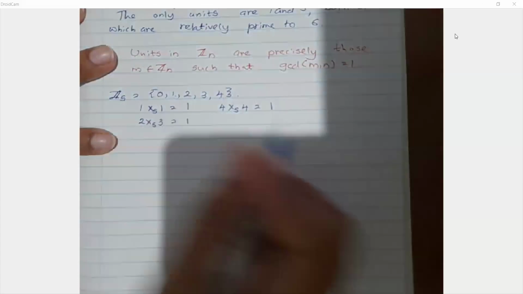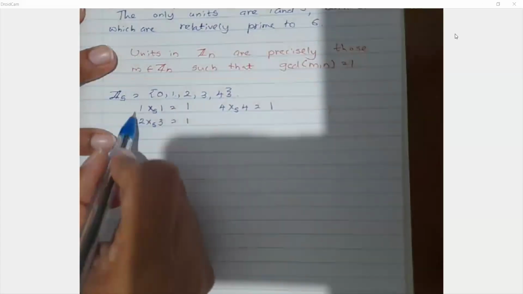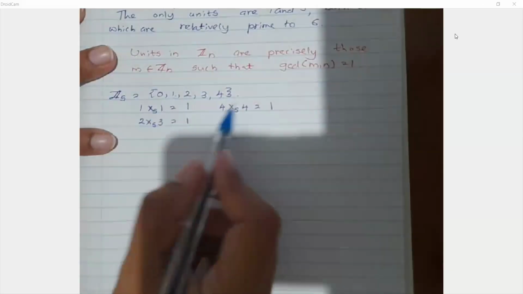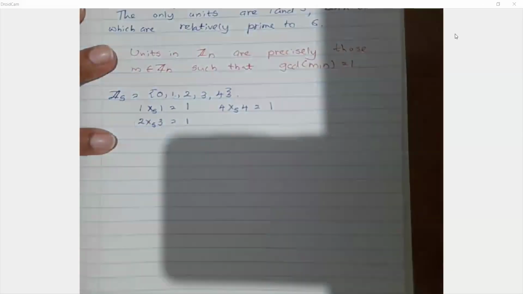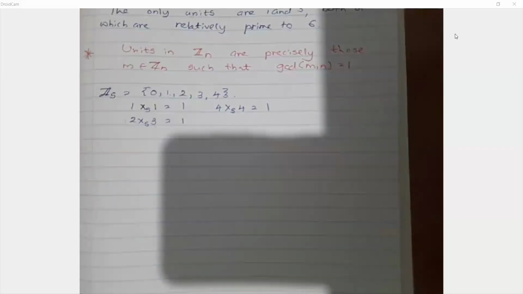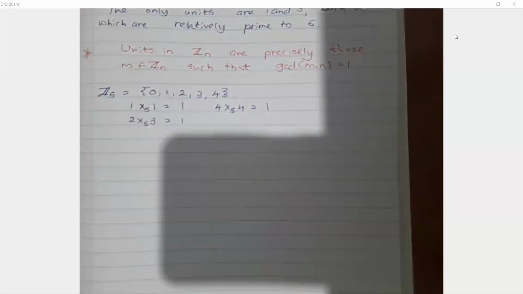So the multiplicative inverse of 1 is 1. Multiplicative inverse of 4 is 4. Multiplicative inverse of 2 is 3. Multiplicative inverse of 3 is 2. All of the non-zero elements in Z5 are units by definition because they all possess multiplicative inverses. And we know that multiplication is commutative, and every non-zero element in Z5 is a unit.